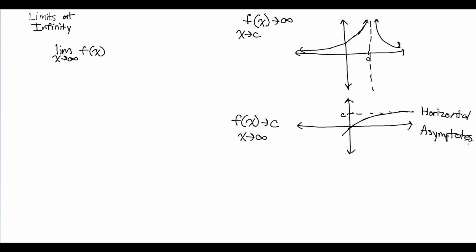So you can start to see a little parallel. For vertical asymptotes, as x approaches a value, the function approaches infinity. However, what we're doing today, as x approaches infinity, the function approaches a value. And these are limits at infinity.